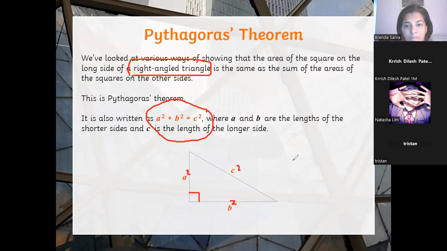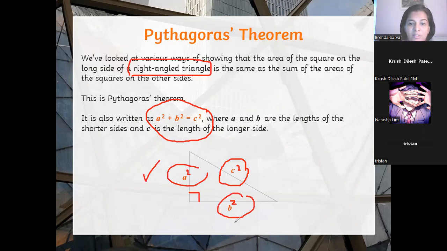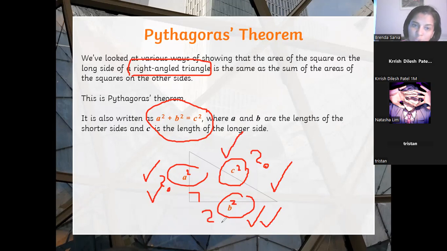So what is the question? The question is, I'm going to ask you to find all these. For example, the question will give you the value of A. The question will give you the length of B. The question will ask you, what's the length of C? Or the question will give you C. The question will give you B and ask you to find A. Or the question will give you A and C and ask you to find B. Do you understand what I'm talking about?